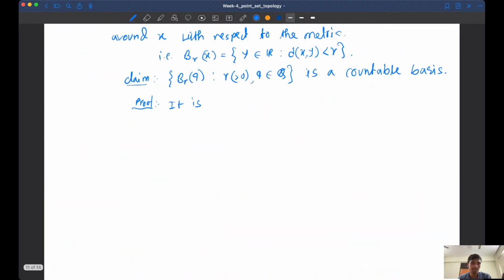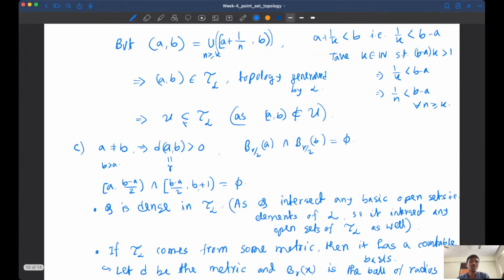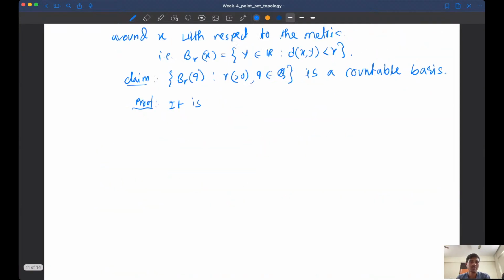Any set can be written as a union of such balls. For any topology generated by some metric, the balls of all radii will surely form a basis, because it was already proved in the course that any open set in a metric space can be written as a union of balls.